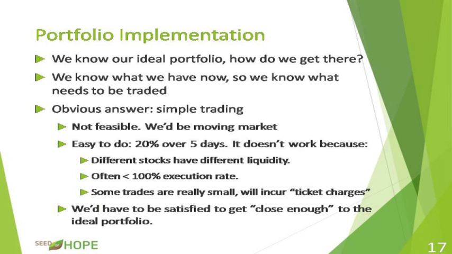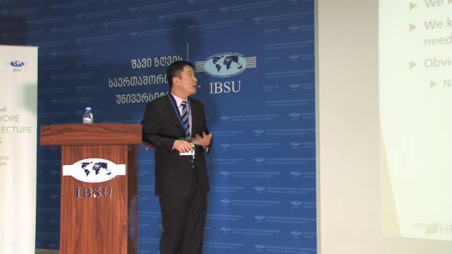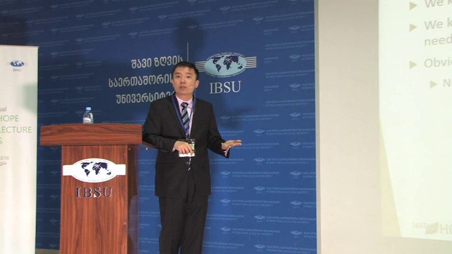But a lot of times, it does not work because we'd be moving the market. It's very typical for us, for example, to get into our ideal portfolio, we will have to buy 1 million shares of IBM. There is a lot of IBM. And as we're buying that much, the price will increase. The IBM price will increase because we buy so much, right?